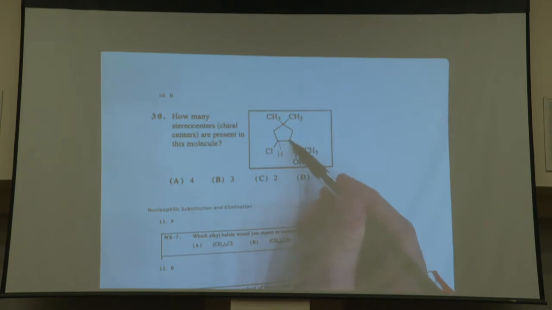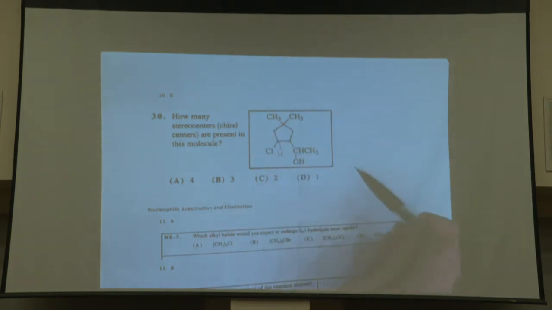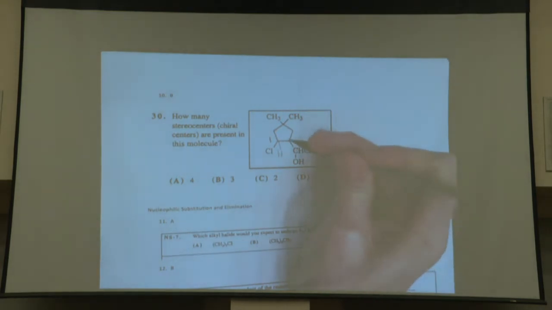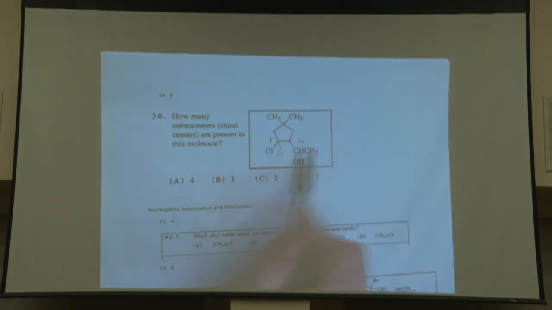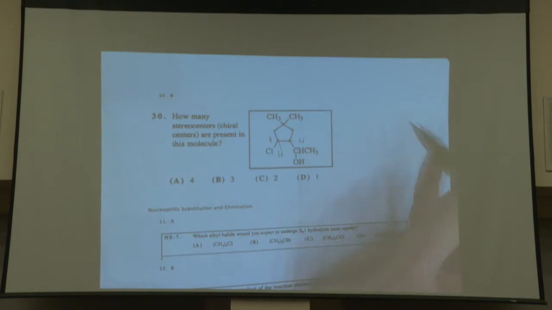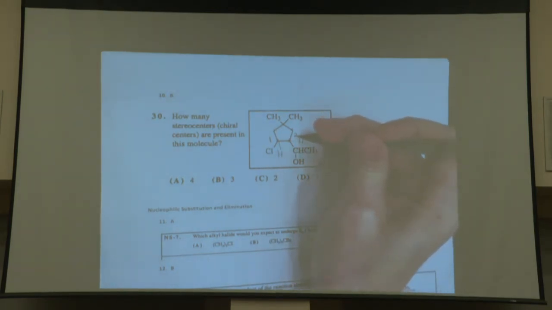It has this carbon over here, which is in a different chemical environment than this carbon over here. Both those carbons have different things next to them. So that's a stereocenter. Then I have this carbon right here, which also has a hydrogen. It has these carbons, this carbon and this carbon, which are all in different places. They all have different things going on, all different. So that's going to count as another stereocenter.